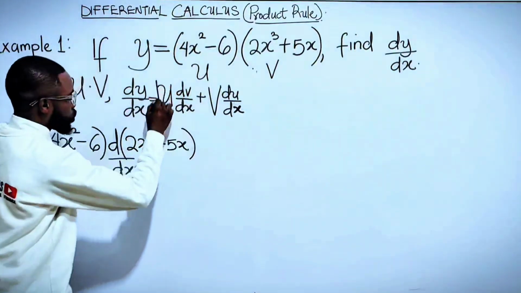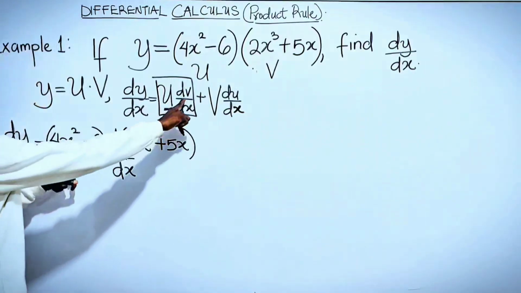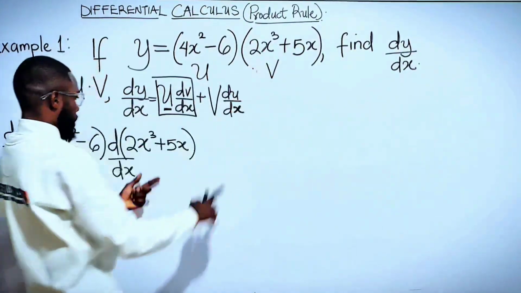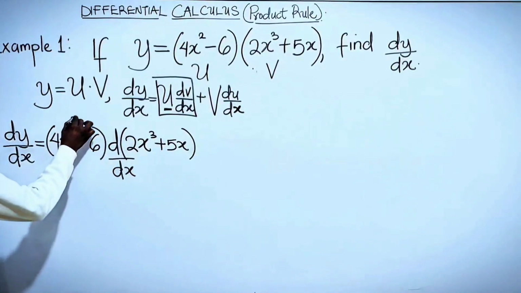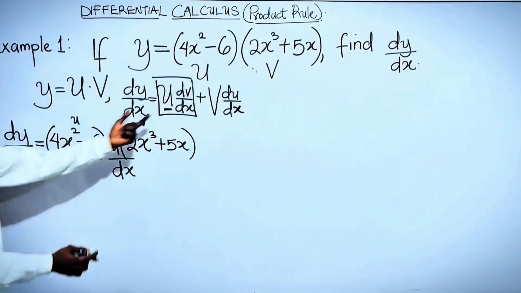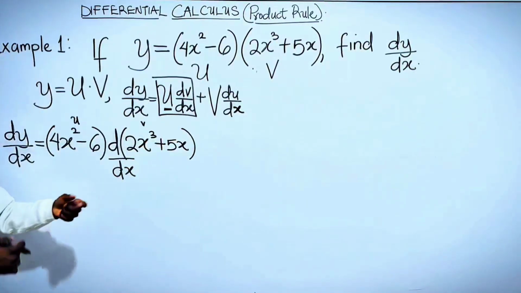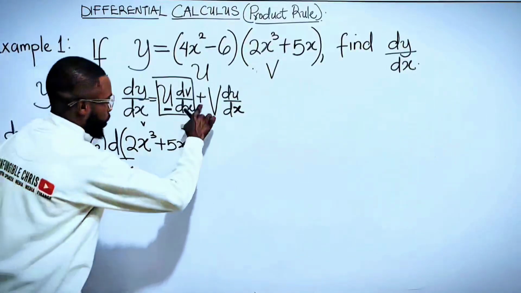So we have u dv over dx. This is our value for u and this is our value for v for the first one, u dv over dx. We only substituted the values into the formula. Now we have plus.